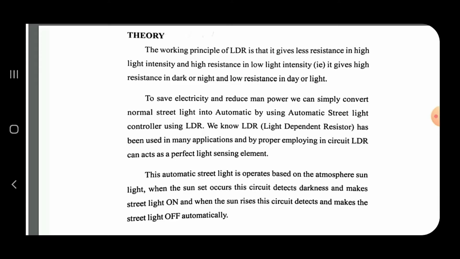By proper employment in a circuit, LDR can act as a perfect light sensing element. This automatic street light operates based on the atmosphere sunlight. When the sunset occurs, this circuit detects darkness and makes the street light on. When the sun rises, this circuit detects it and makes the street light off automatically.